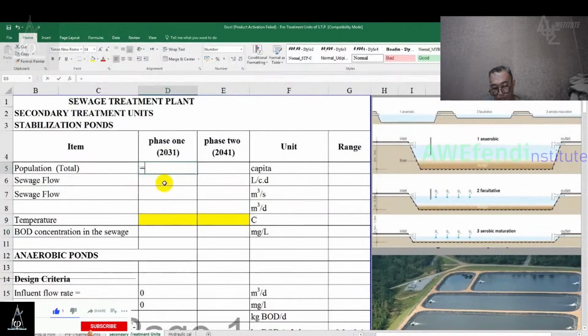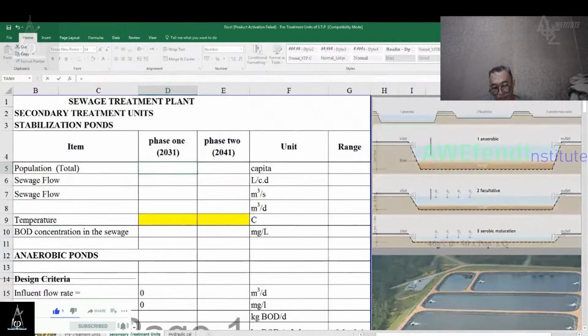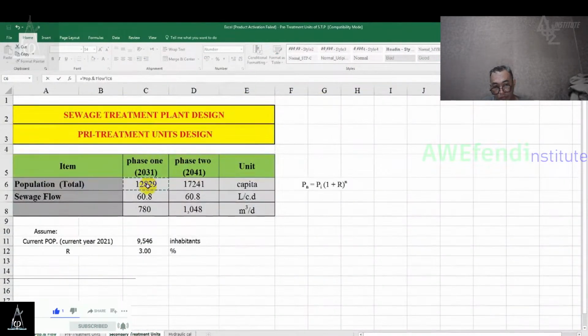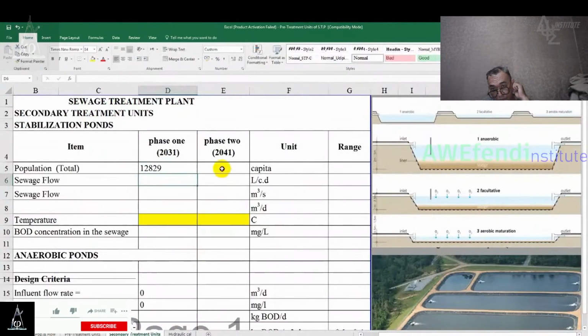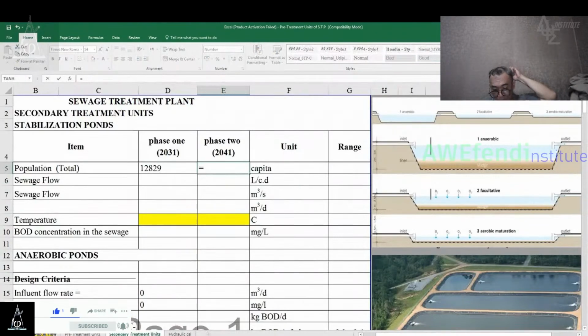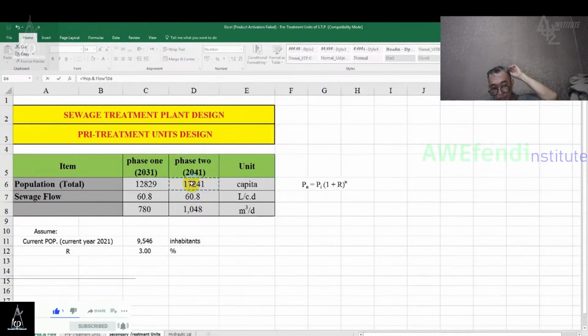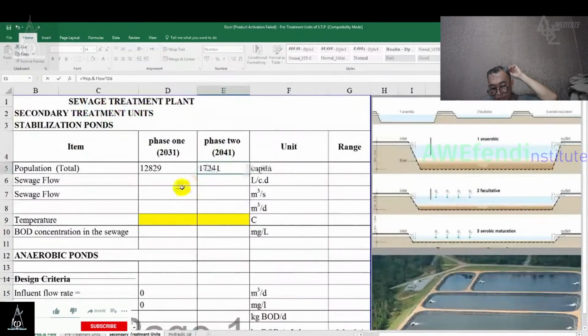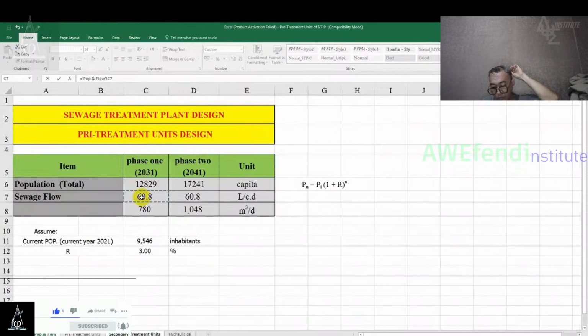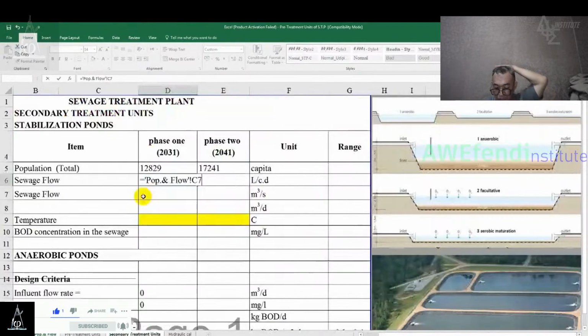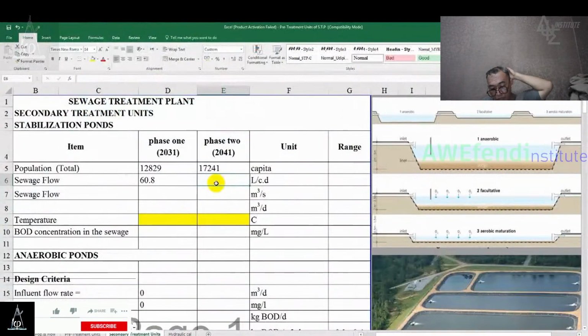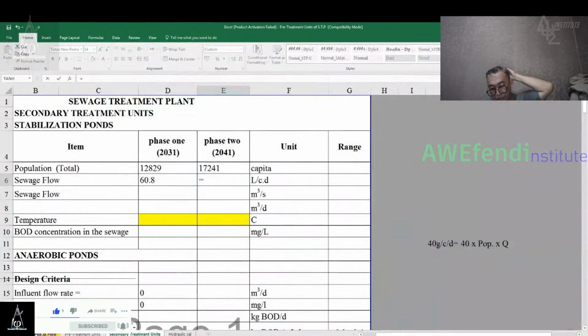Population equals from the first sheet in phase 1 and in phase 2 equals population in phase 2. Sewage flow equals from the first sheet also 60.8 and the other one the same thing.